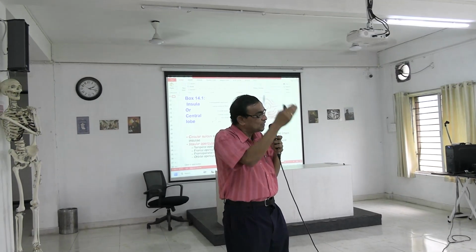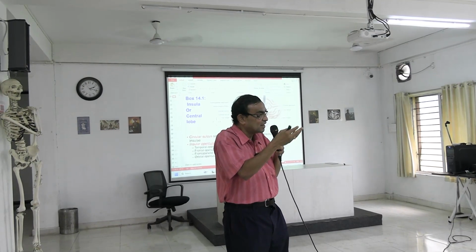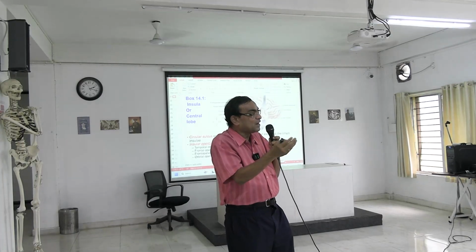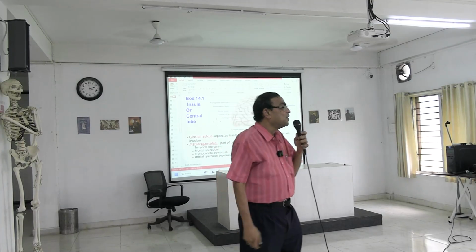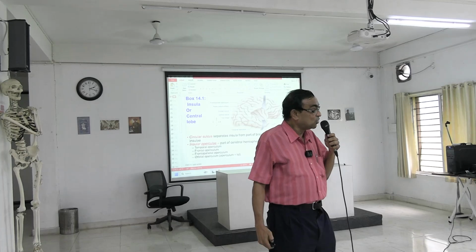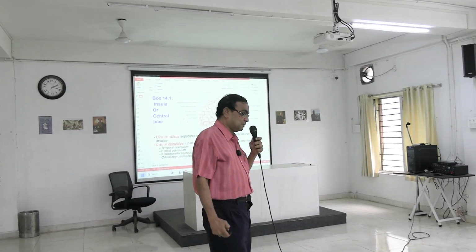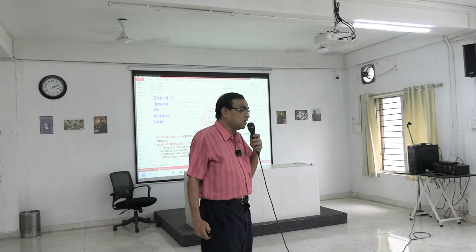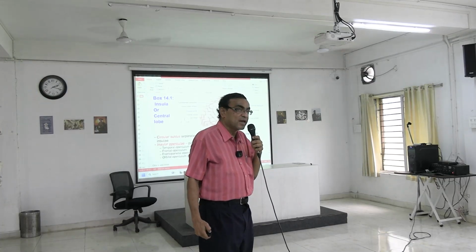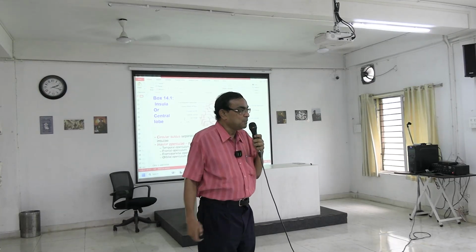Within the white matter we can expect some nuclei. They are called the basal nuclei, the subcortical grey matters like the lentiform nucleus and caudate nucleus. That will be a different class.